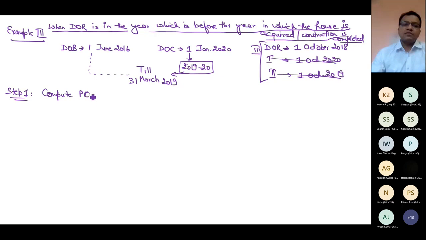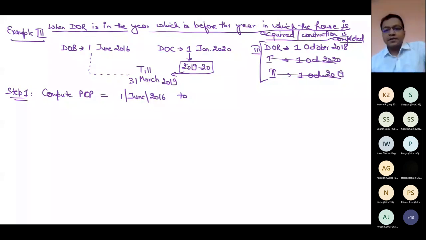Now, can you tell me what is PCP now? By default, it starts from the date of borrowing, and when it ends, can you tell me the ending date? The first date of repayment. 31st March 2019, or what?